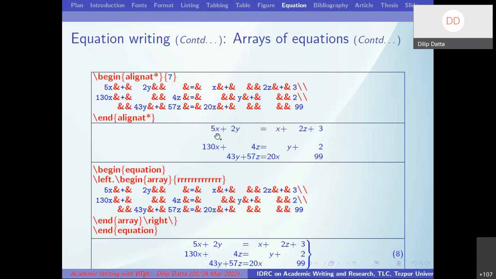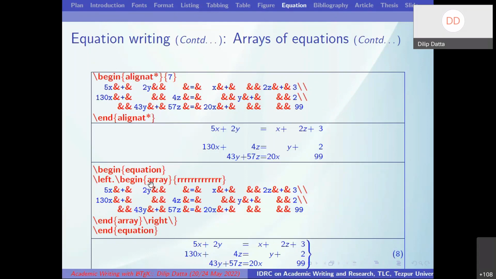Now here the alignat star form is used to prevent numbering, otherwise all equations would have been numbered by individual numbers. We may need in some cases a set of equations to be numbered by a single one. Say in this case 3 equations are there, all these 3 will be numbered as a set, say by 8, putting in these curly braces.